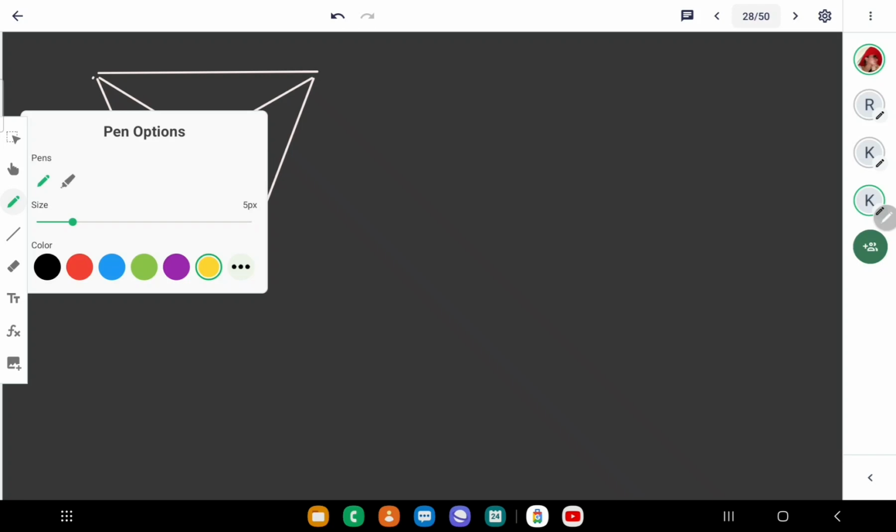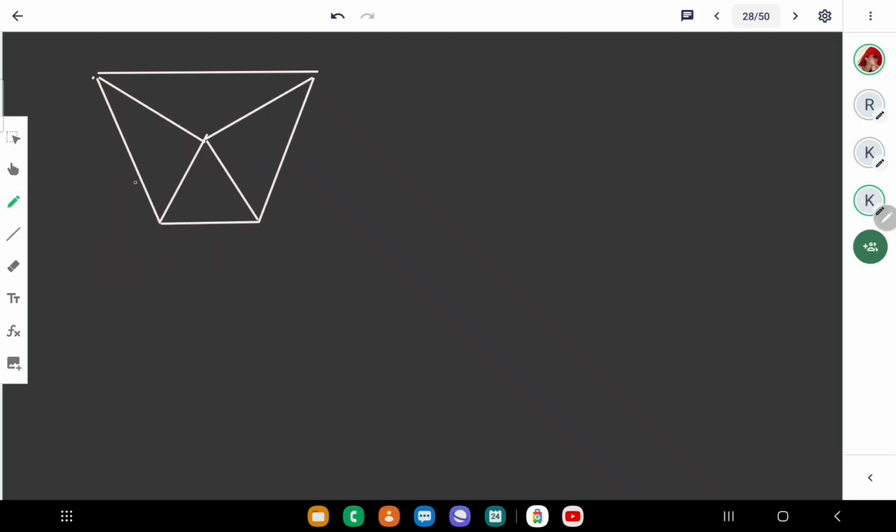Okay, so that is A, B, C, D, and E. So A, B, C, D here is an isosceles trapezoid.